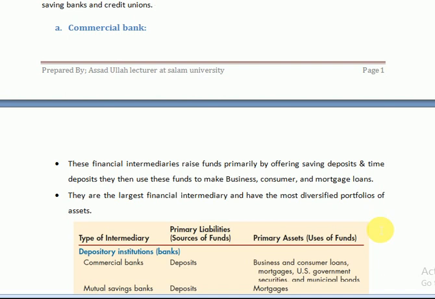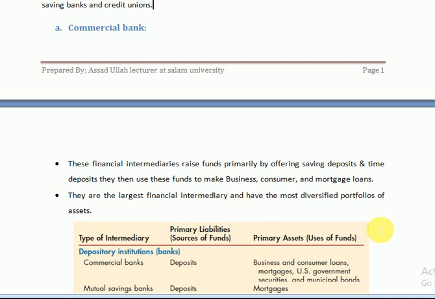So commercial banks: a bank is a financial institution which accepts deposits at a low interest rate, lends those deposits at a high interest rate, and also provides different services to generate its revenue.